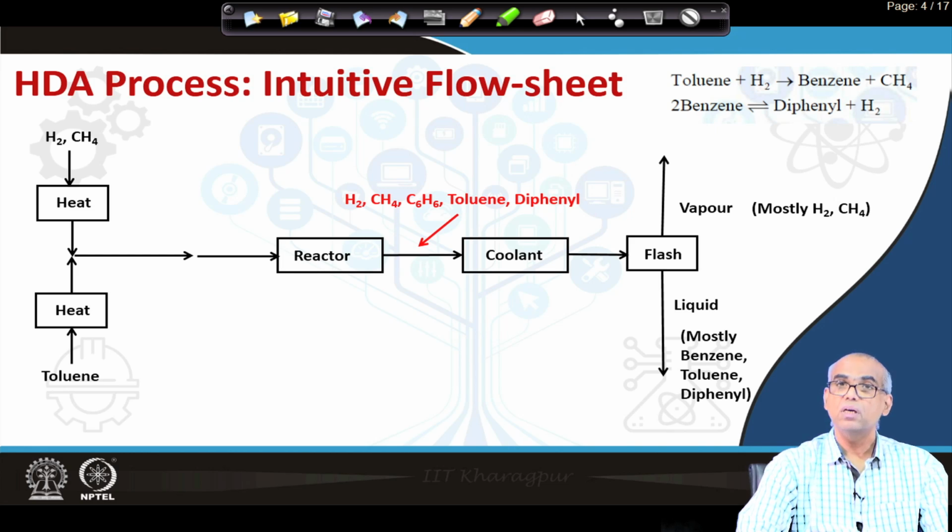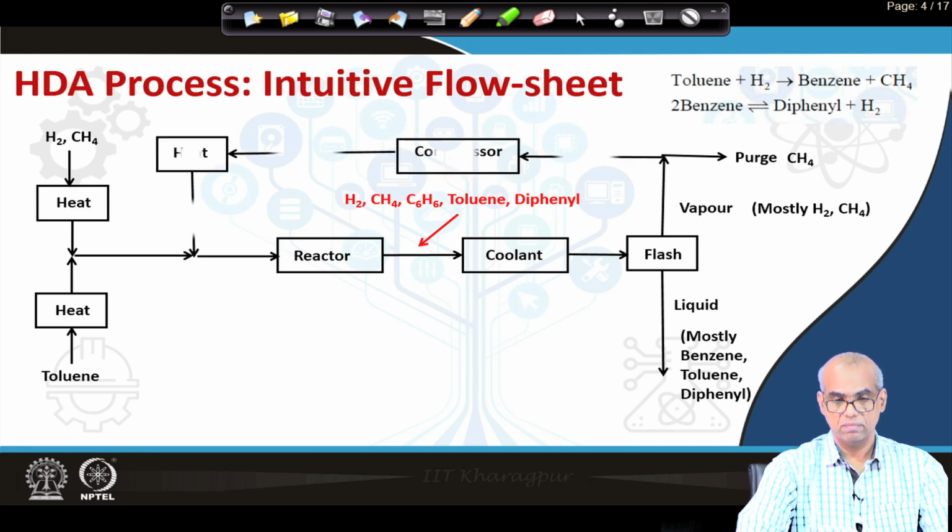We would like to recycle the hydrogen, but purge out the methane. So, mostly the hydrogen stream is compressed, heated and fed back to the reactor again. The liquid stream that comes from the flash will mostly contain benzene, toluene and diphenyl, but we will also have some amount of dissolved hydrogen and methane.